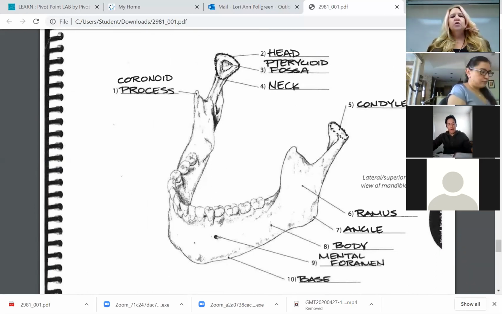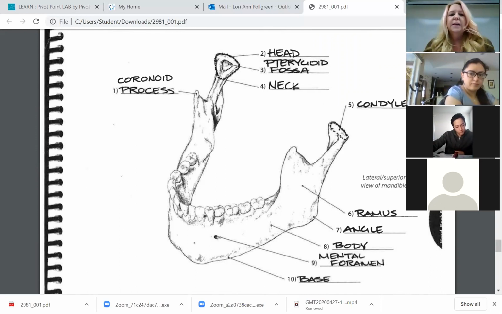I just have little tricks that help me remember. This is the mandible, and the coronoid process is on the mandible. I think about the N in mandible and the N in coronoid. That's how I remember coronoid process, and don't confuse it with a coracoid.